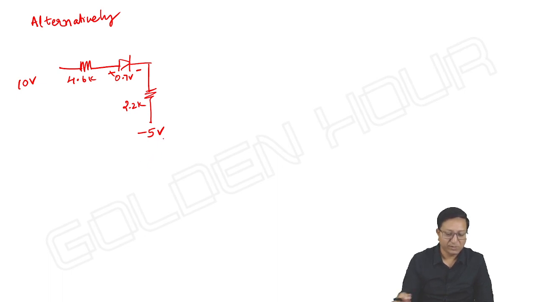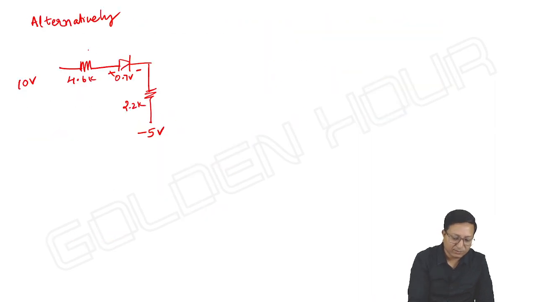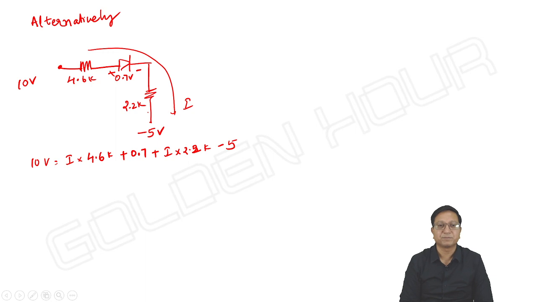Then we can take this current as I. What can we write for I? 10 volts is equal to I into 4.6K plus 0.7 volts plus I into 2.2K minus 5, if I take this loop equation. So what is I?